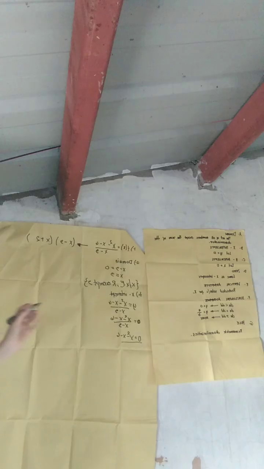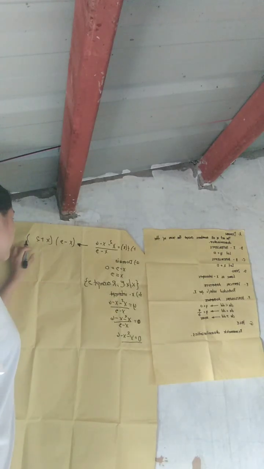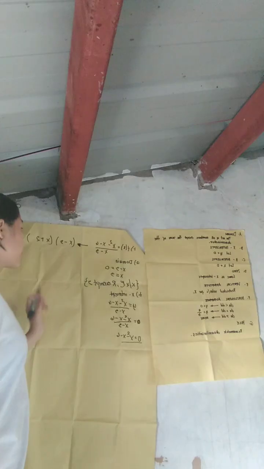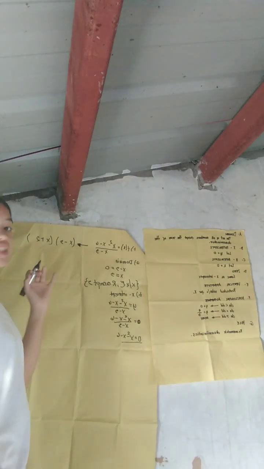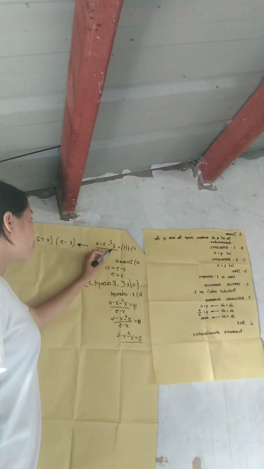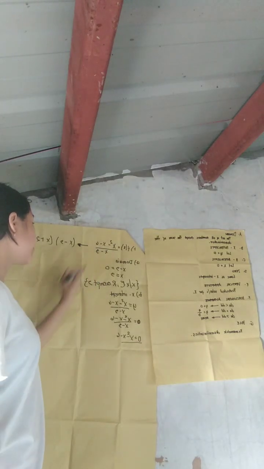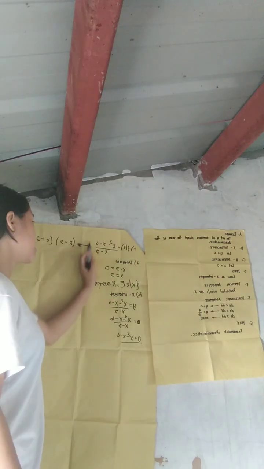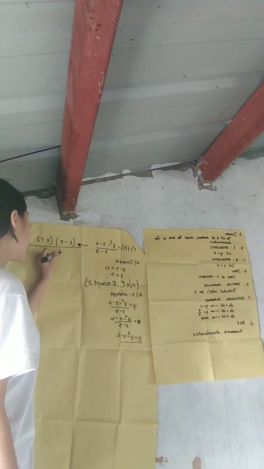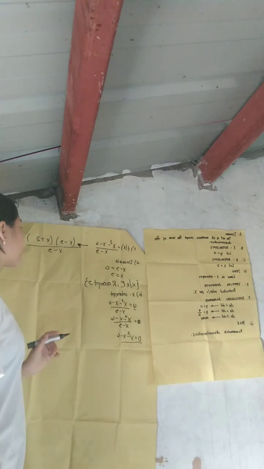Let us check: negative 3 times positive 2 is equal to negative 6, and negative 3 plus positive 2 is equal to negative 1, which is the coefficient of x. So this factors as x minus 3 times x plus 2.